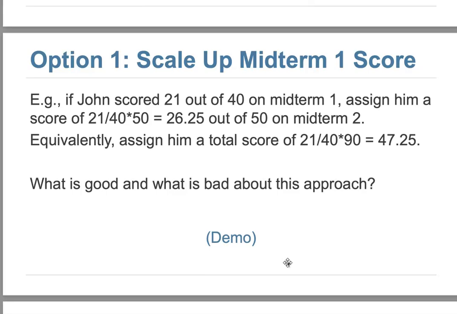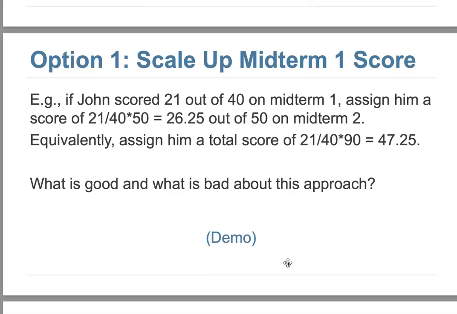But the bad thing is that it's the only information I have. We are not sure John did a good or bad job in midterm 1, but no matter what, that's the ratio he got, so we use it to scale the whole thing.